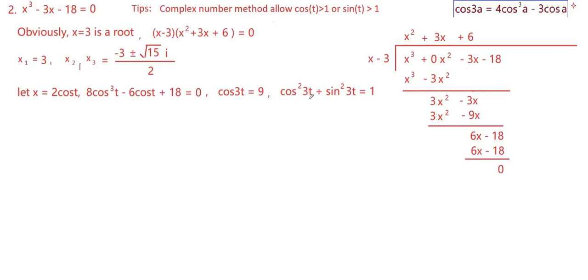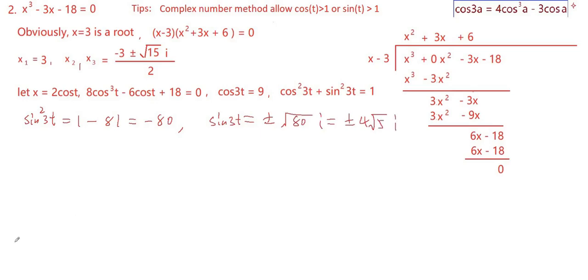Because cosine squared 3t plus sin squared 3t equal to 1, we have sin squared 3t equal to 1 minus 81, which is minus 80. So sin 3t equal to root 80 i, which is 4 root 5 i.